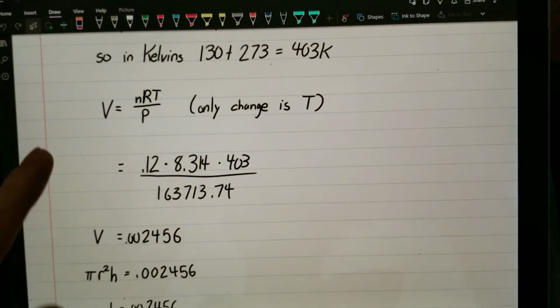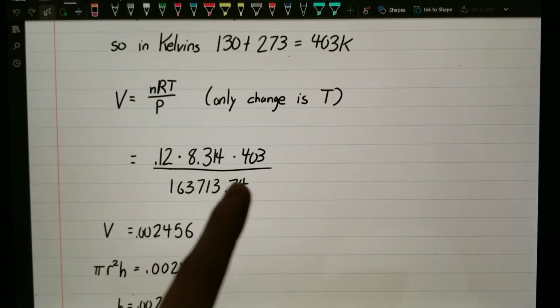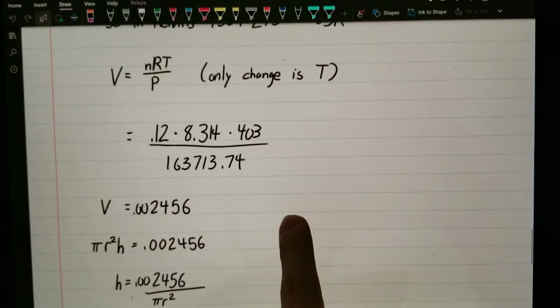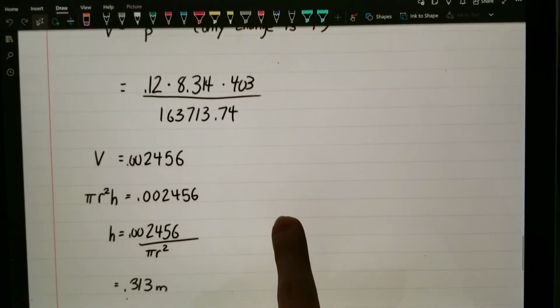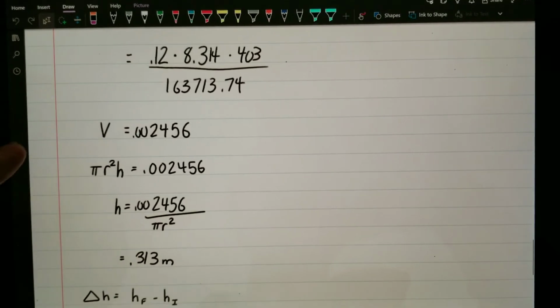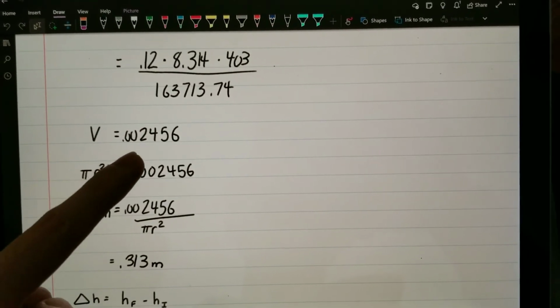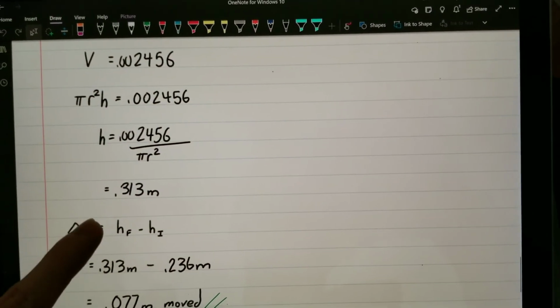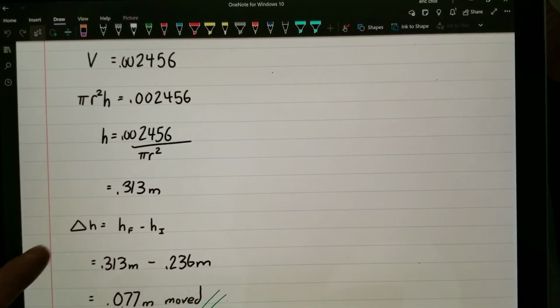Now we do the exact same equation as before, just replacing the T with 403 rather than the 303 we had earlier, until we finally reach a final answer of V is equal to 0.002456, finding the h again using the process we used before for 0.313.